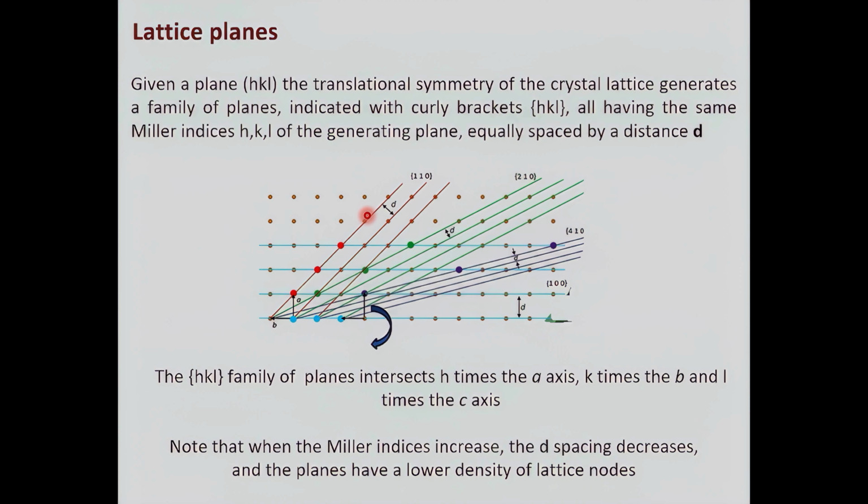We can see here that the parallel planes are all equivalent, parallel, at a specific distance, which is d. We have a distance for this red, another distance for the green, another for this violet. And we can see that when the Miller indices increase, for example, moving from this family to this or this, this spacing decreases, and also the number of lattice points in the family decreases.